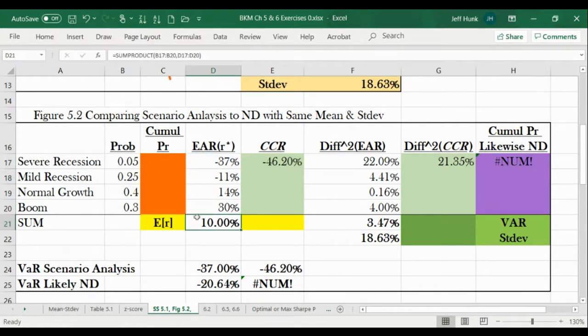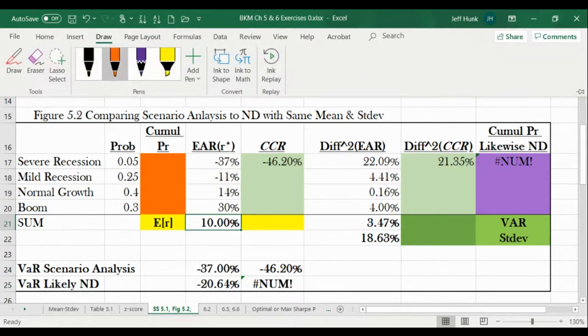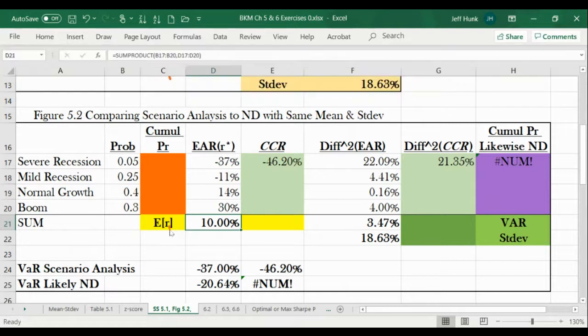So the portfolio expected return comes to this already given result, which we have verified and confirmed in the previous example. So we got 10% as the portfolio expected return and 18.68 for the standard deviation, right?